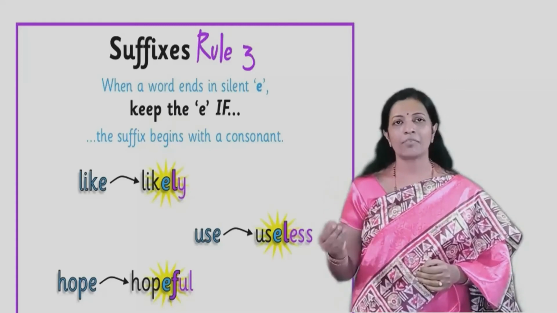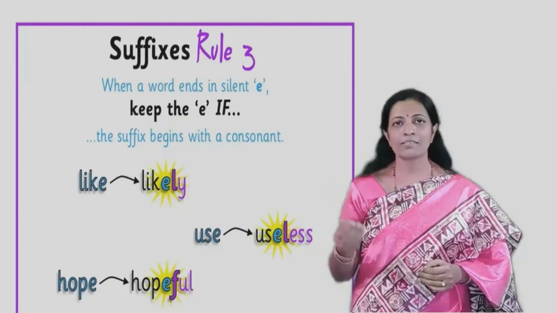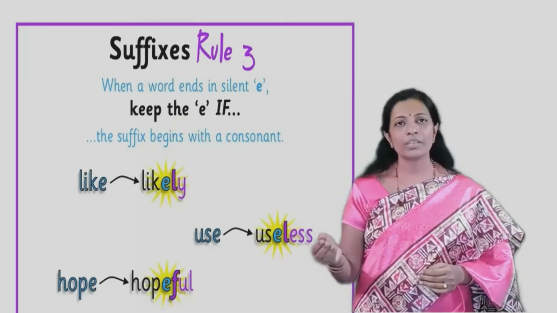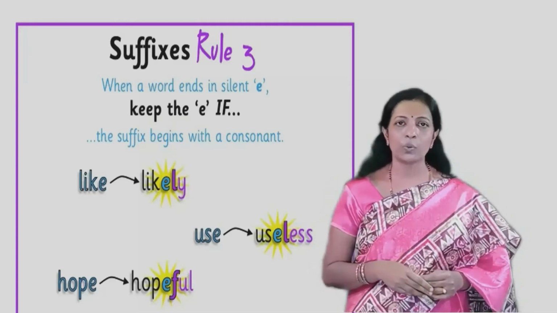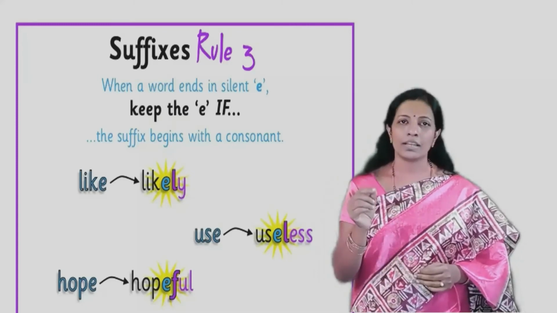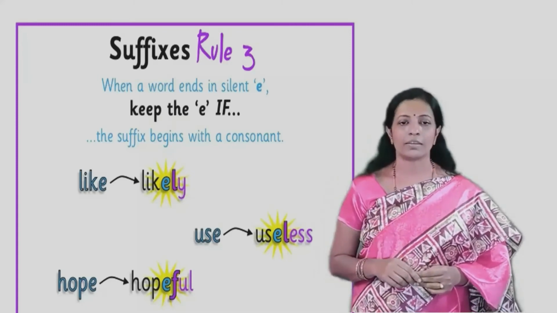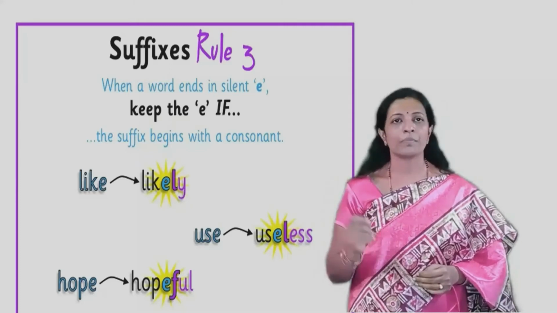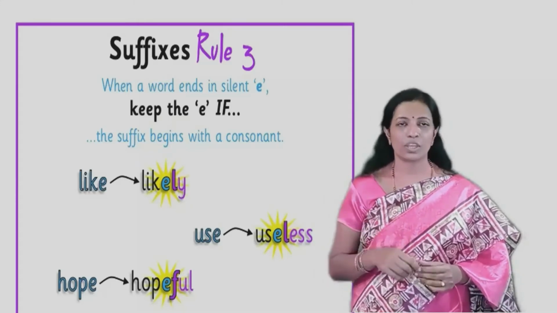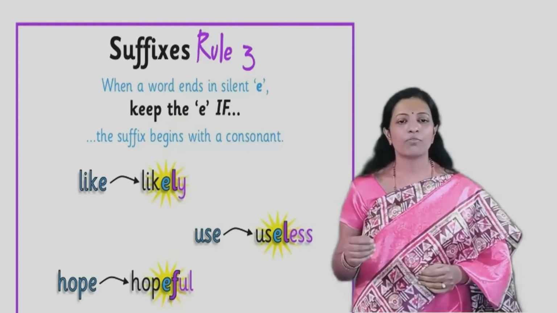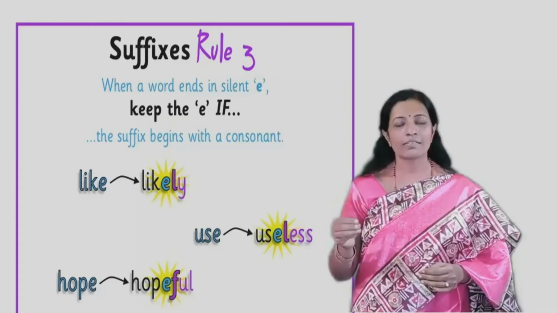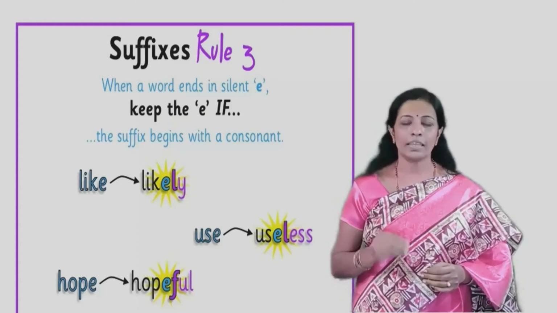When it is added with the suffix less, the letter L begins with a consonant. So when the suffix less is added to use, we get the new word useless, and the letter E is retained in it. Similarly, hope. When we add ful, the suffix which begins with a consonant, then the new word formed is hopeful, and this word consists of the letter E.